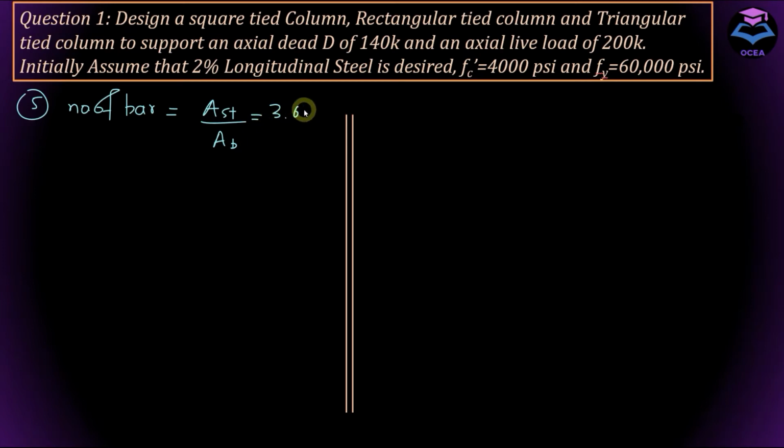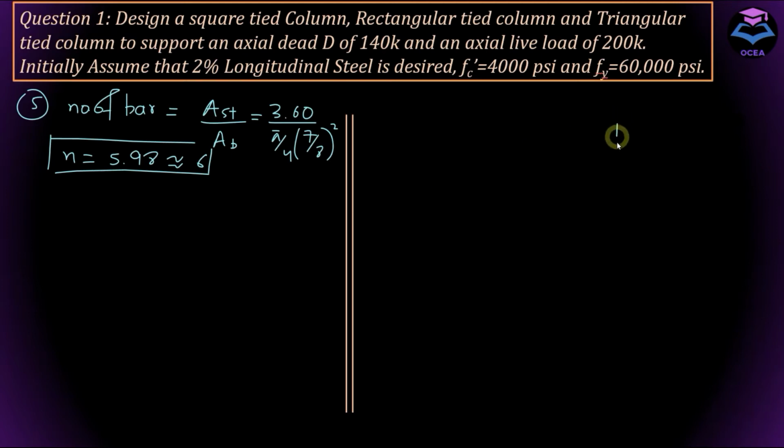Let's assume that I'm using number 7 bar. The area of this bar, number 7 bar, is equal to pi upon 4 times 7 by 8 to the power 2, and n from here is equal to 5.98, which is equal to 6.